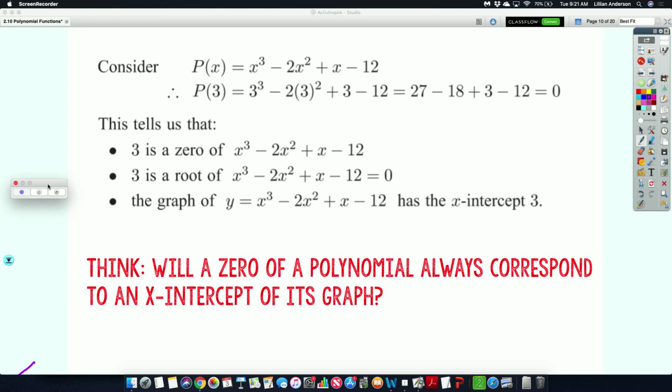Don't you sometimes plug it in and you get no solution or something? Not for a polynomial equation. For a polynomial equation, you'll always get a solution.